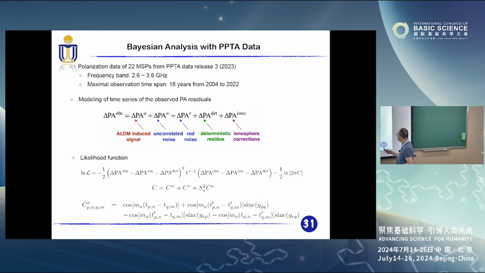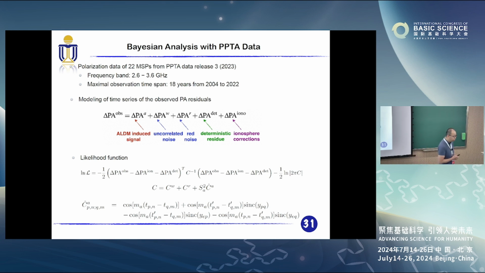From this formula, we can see how we model the observed polarization angle residual. The first term represents the contribution from the axion-like wave dark matter, the second term the white noise, the third term red noise, the fourth one a deterministic residual, and the last one is from the ionosphere corrections.